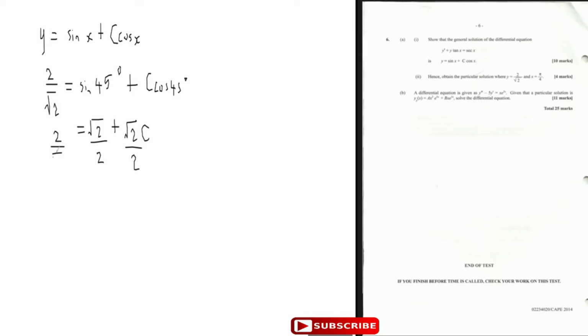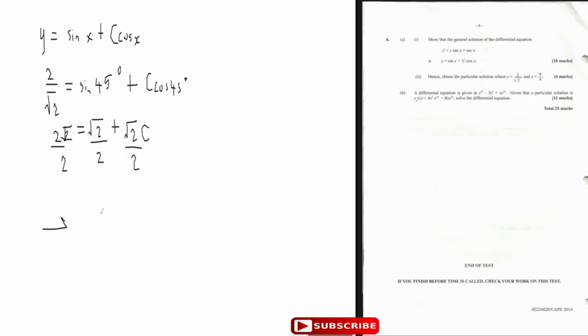So now we need the denominators to be the same. I'm going to multiply this by root 2, so I'm going to write this as 2 root 2 over 2. Now when the denominators are the same, I can equate the numerators.